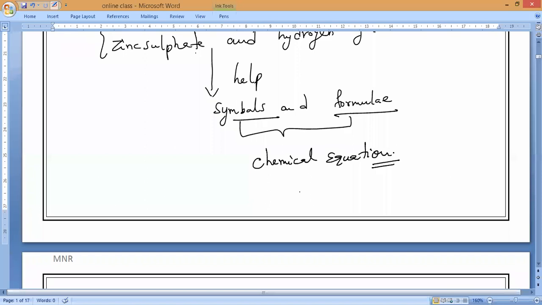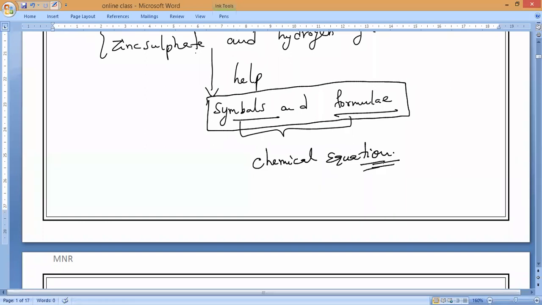Understand, Shruti? Or else we can say, if you want to simplify more, writing the chemical reaction in a shorthand representation or a brief representation of a chemical reaction by using what, Pradosh? Two words you have to write. That is symbols and formulae of the elements and compounds is called a chemical equation.